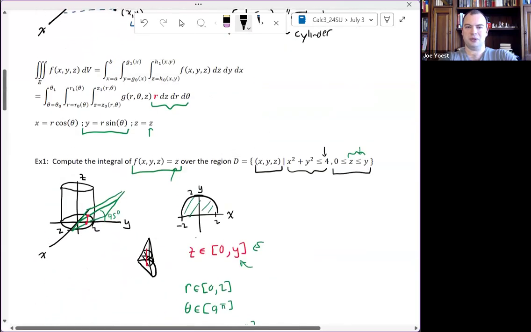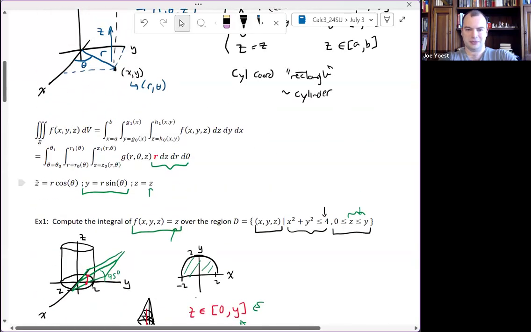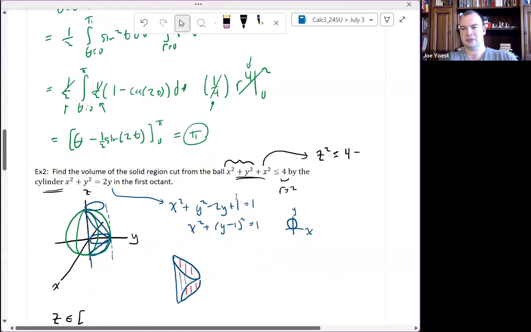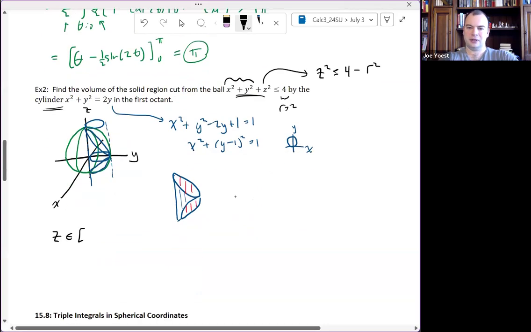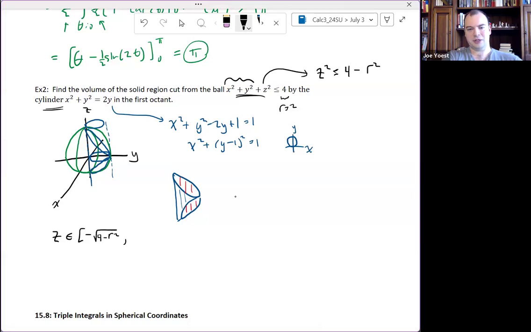Just the same thing from polar coordinates. So z squared is 4 minus r squared, or z goes from minus root 4 minus r squared to plus root 4 minus r squared. So that's one component of my bounds of integration.